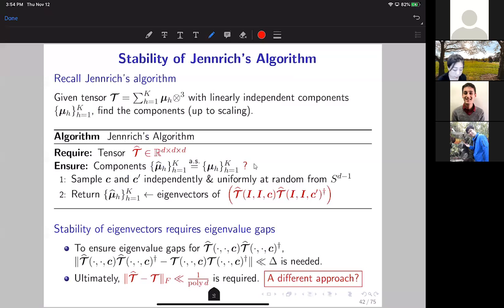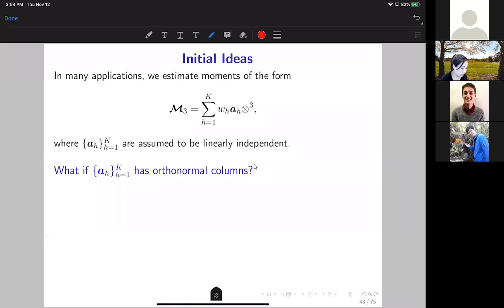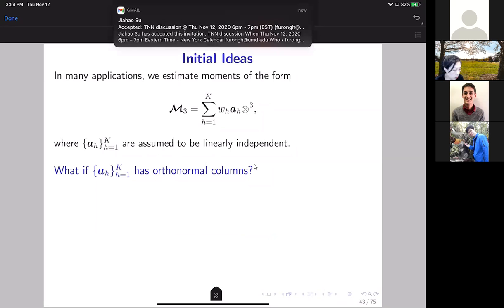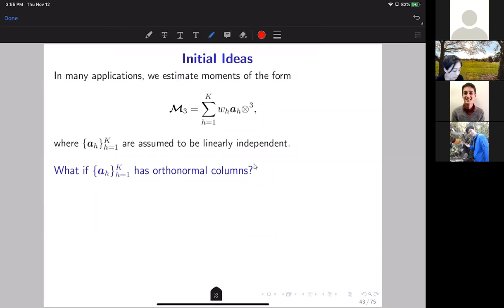So how do we find those algorithms, right? Can we find a different approach? We have some initial idea here. In many applications, we wanted to estimate moments of the form M3 equals the summation of omega_h a_h tensor power 3, right? The a_h are assumed to be linearly independent. The idea comes back to when we were thinking about orthogonal tensor decomposition.